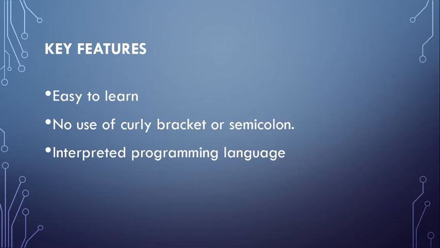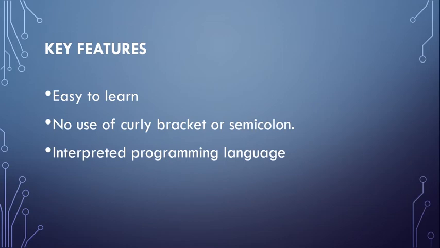So pag interpreter, kino-convert niya line by line ang high-level programming language into low-level programming language. While the compiler, babasahin niya muna all of the code before converting it to low-level programming language. So that's the main difference.